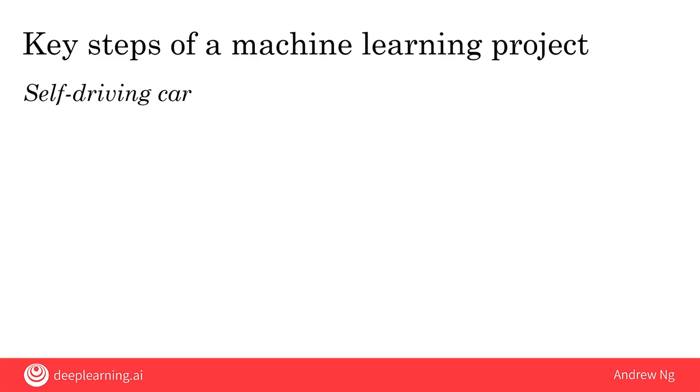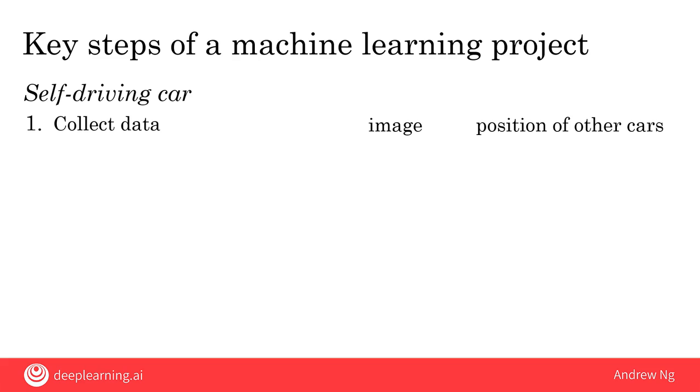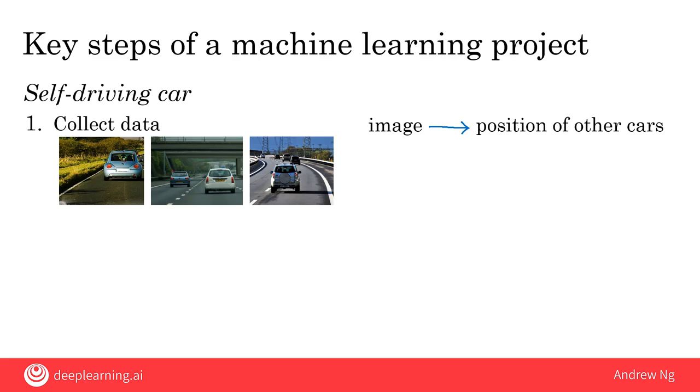Hopefully you remember from the last slide that the first step was to collect data. So if your goal is to have a machine learning algorithm that can take as input an image and output the position of other cars, the data you would need to collect would be both images as well as position of other cars that you want the AI system to output. So let's say you start off with a few pictures like this.